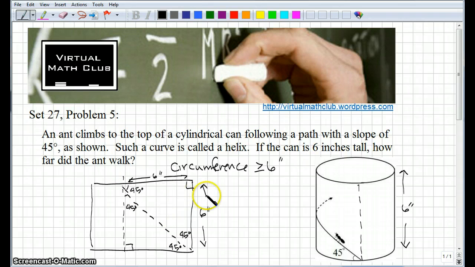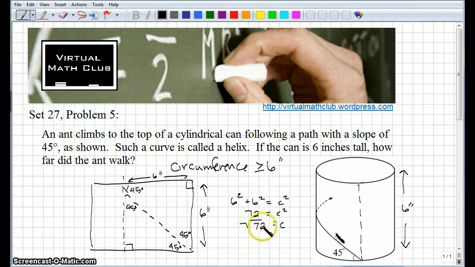You can use the Pythagorean theorem and say that 6 squared plus 6 squared is equal to the diagonal squared. We'll call it c squared. 36 and 36 is 72, and that's c squared. If we take the square root of both sides, we get the square root of 72 is equal to c.